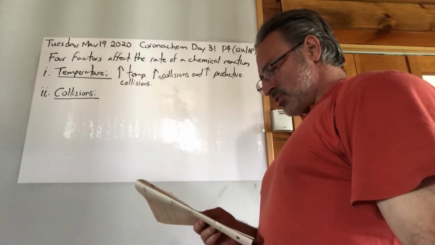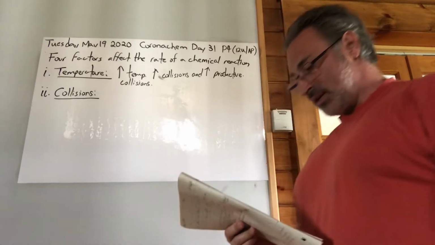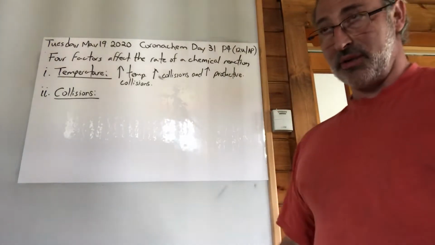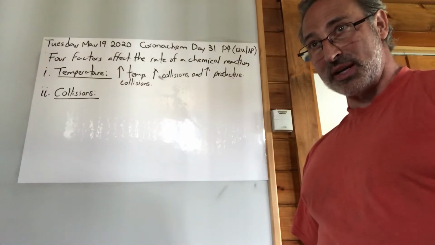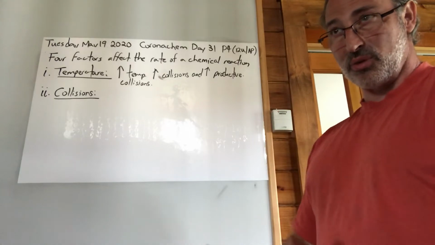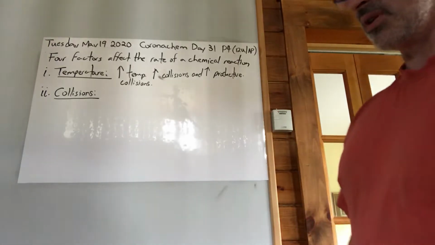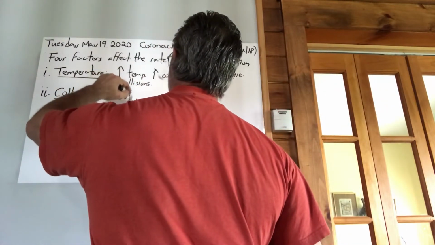Temperature is not the only way to increase the number of collisions. It is also possible by increasing the number of molecules per unit area. If you increase the concentration of the reactants, or if you increase the pressure on a gas, the gases are closer together, the molecules are closer together, they're more likely to bump into each other. So increasing the number of collisions.